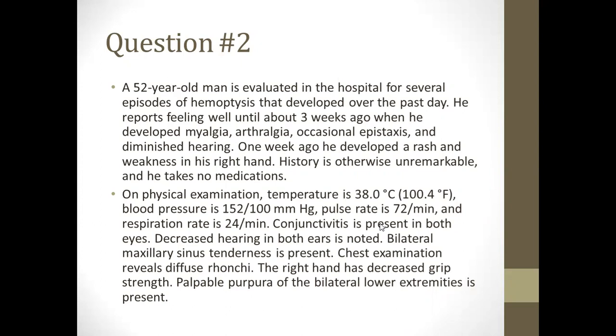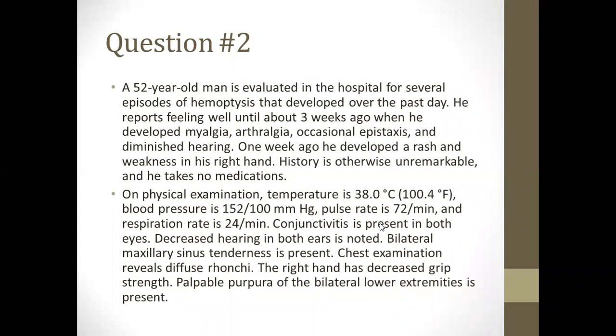Okay. A 52-year-old man is evaluated in the hospital for several episodes of hemoptysis that developed over the past day. He reports feeling well until about 3 weeks ago when he developed myalgia, arthralgia, occasional nosebleeds, and diminished hearing. 1 week ago, he developed a rash and weakness in the right hand. History is otherwise unremarkable, and he takes no medications.